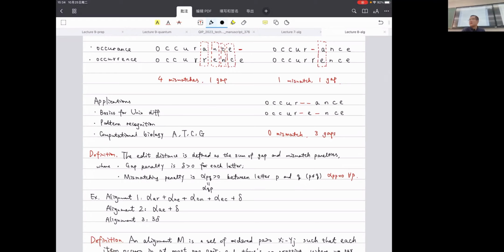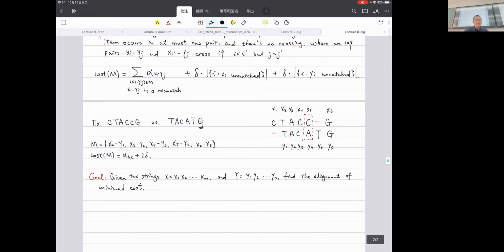Also, this problem does not sound like a divide and conquer problem. Maybe you want to cut the problem in the middle, but shifting the string causes a lot of trouble. Even if you have a good algorithm for one part and a good algorithm for the other part, the merging is going to be very painful, because you can shift the strings by one bit and significantly change the number of matchings.